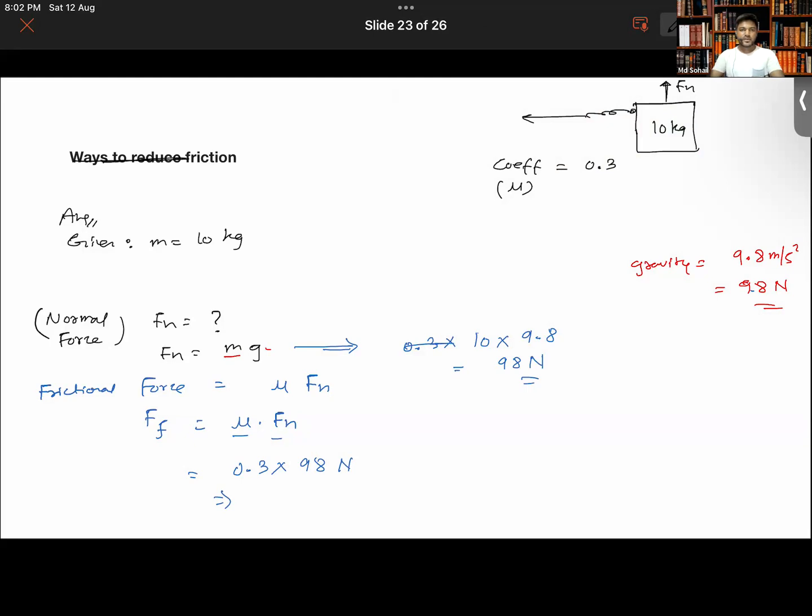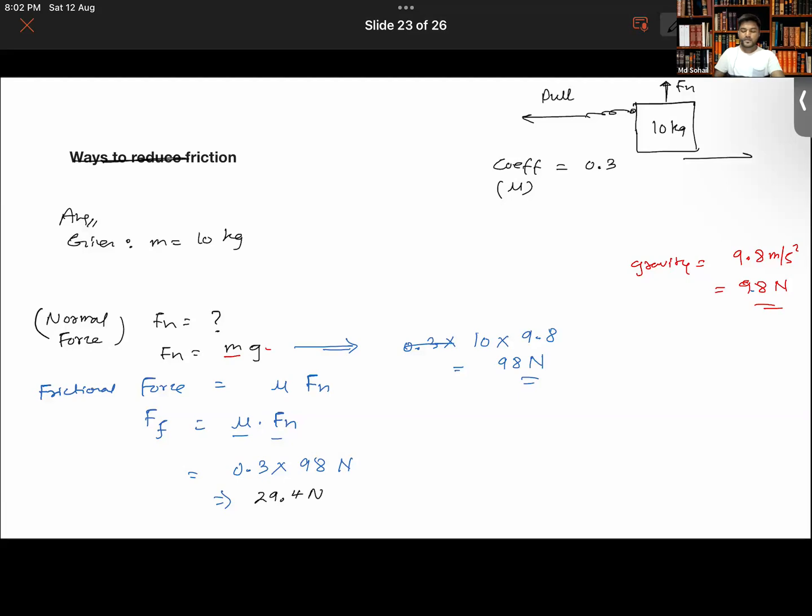0.3 multiplied by 98, so it should be somewhere around 28 or 29. 29.4. Excellent. 29.4 Newton is the frictional force acting on this body. Getting it? So in which direction is it acting?